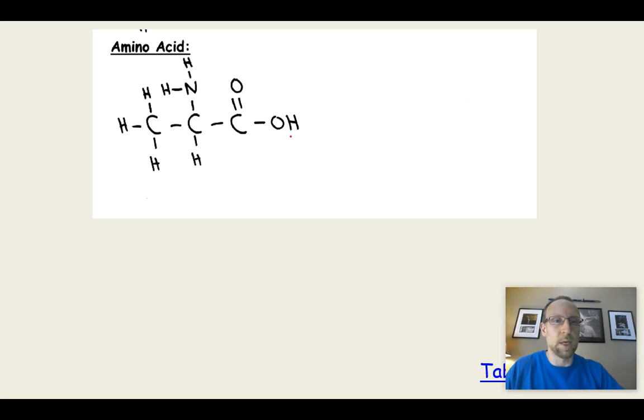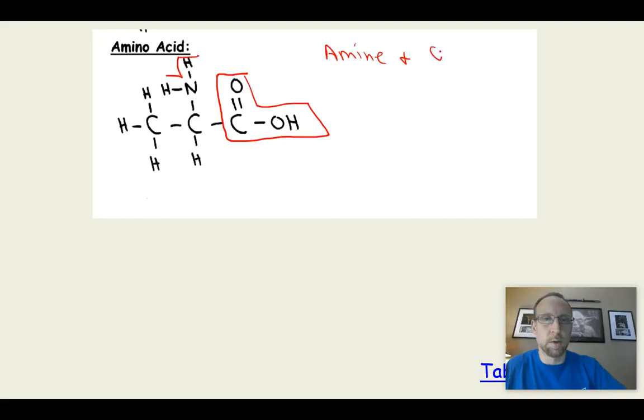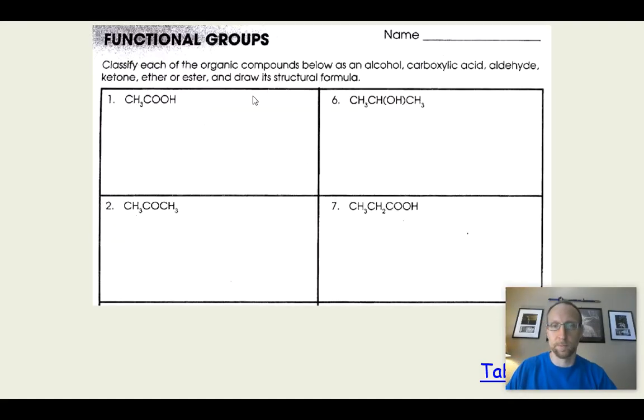Because look, we have an amine group plus we have our carboxyl group. So it's an amine plus an organic acid. So it's an amino acid. That's why they're called amino acids. So I wanted to show you that.